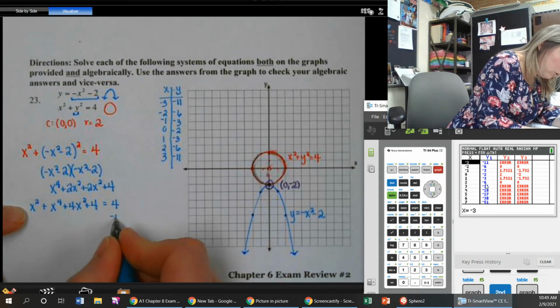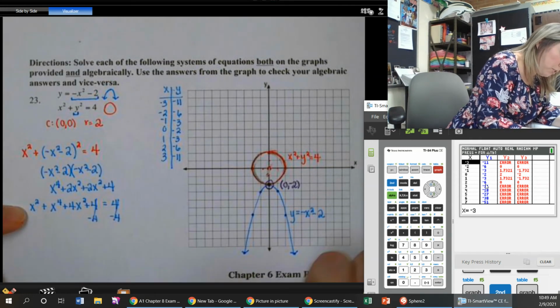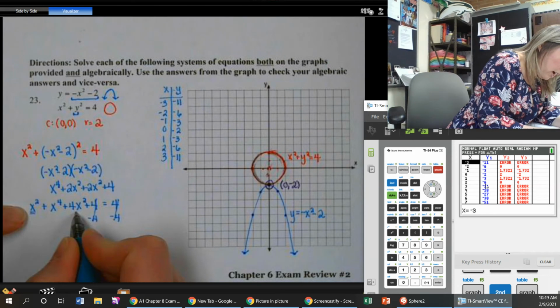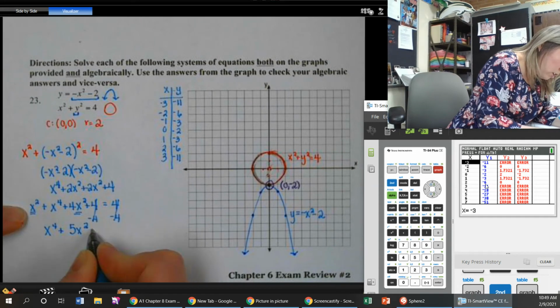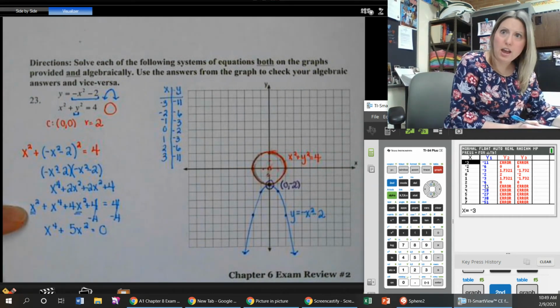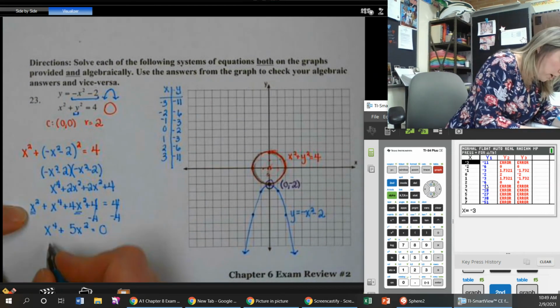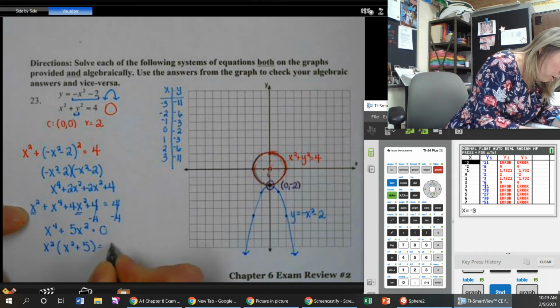So subtract this 4 over. They cancel on both sides. These two combine to give me x to the 4th plus 5x squared equals 0. Well, that's going to give me a GCF of x squared, and then it's going to leave me x squared plus 5 equals 0.